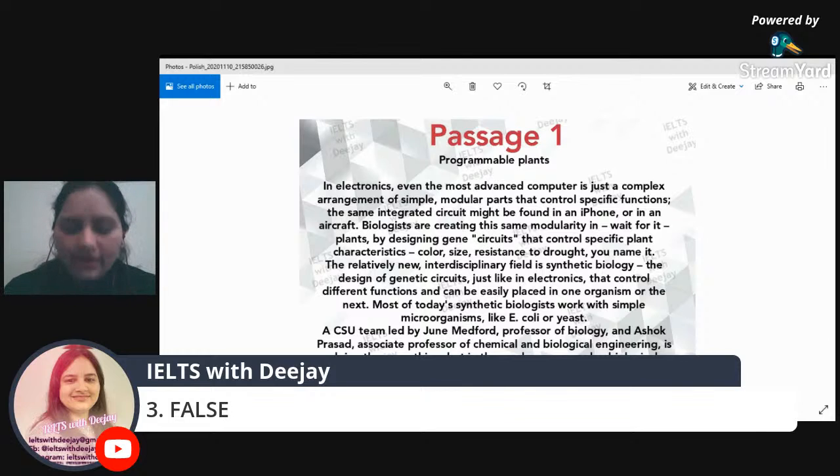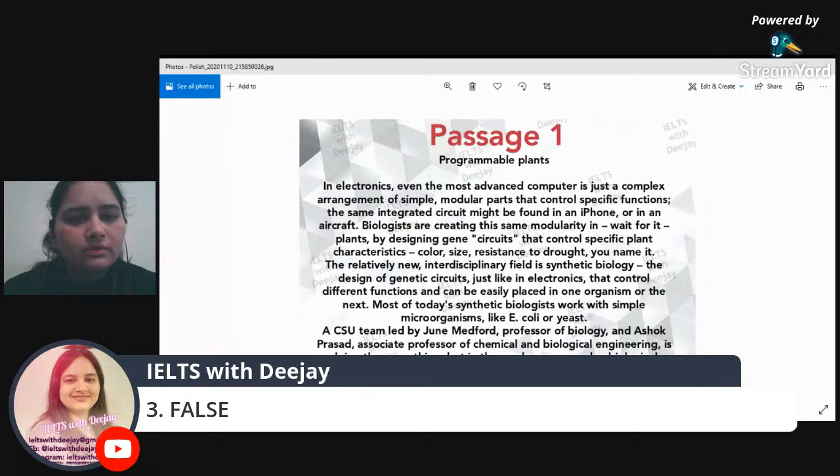The passage 2 I have sent in the group, and here I will be displaying it so that you can take screenshots of the questions, and then I will display the passage here so that you can do it simultaneously.